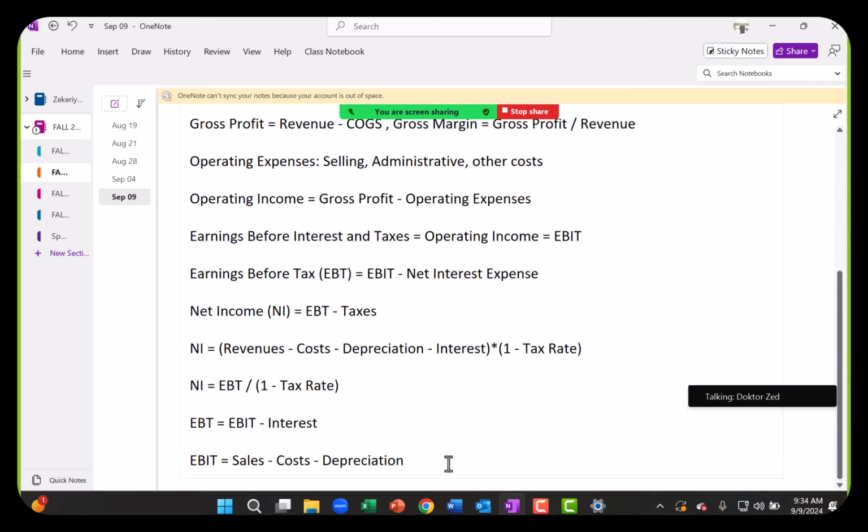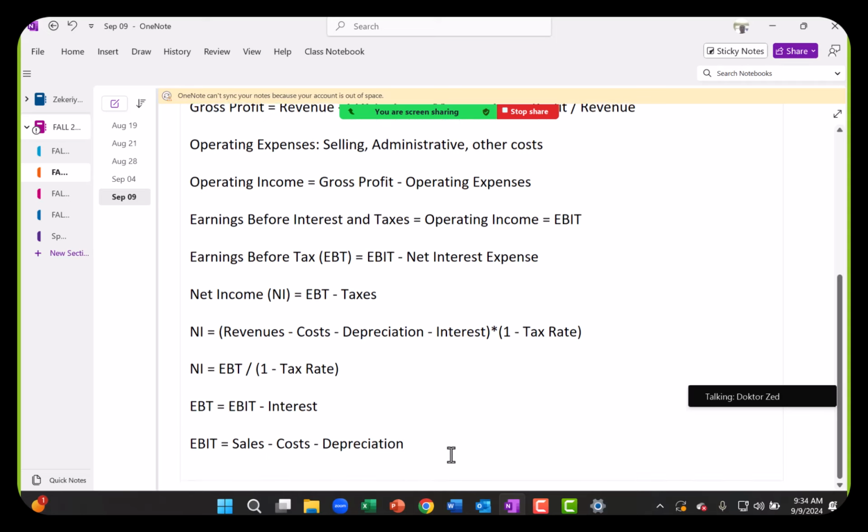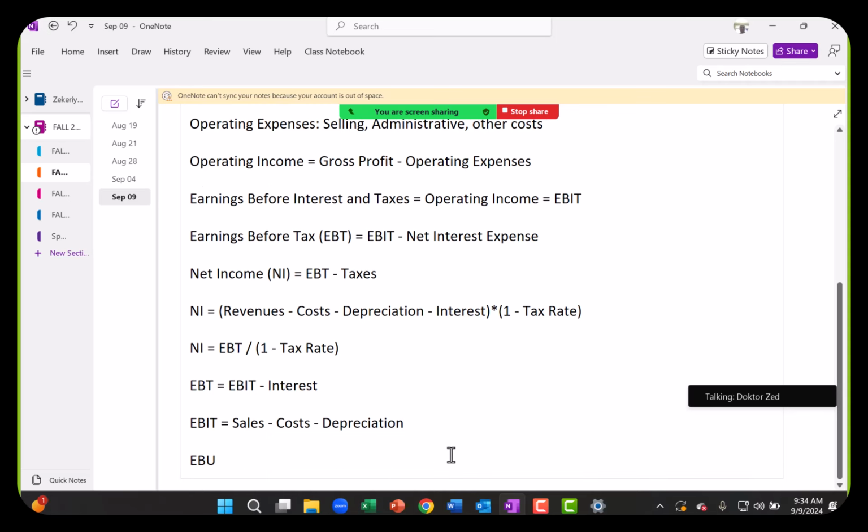Sometimes we also look at a concept called EBITDA. This is EBIT plus depreciation and amortization.